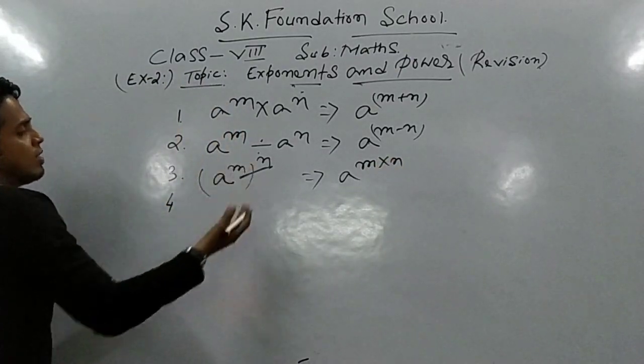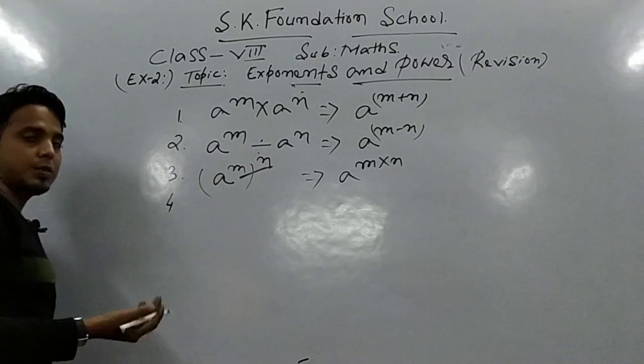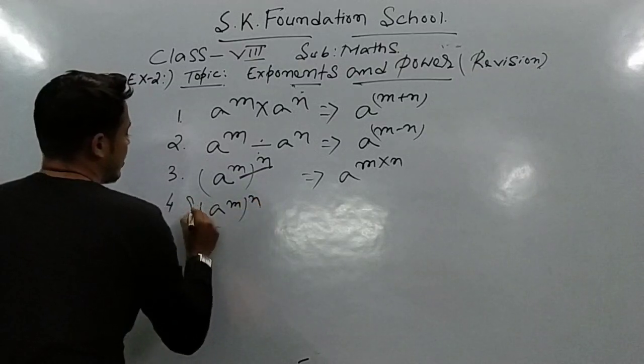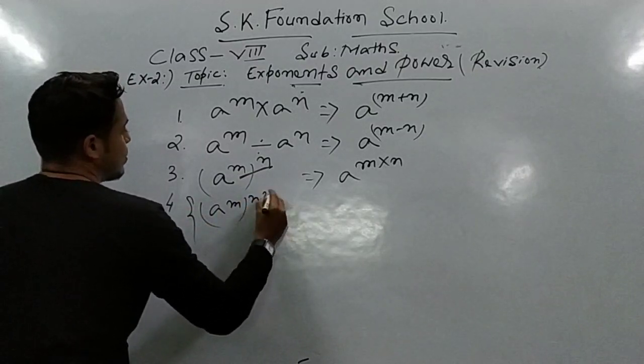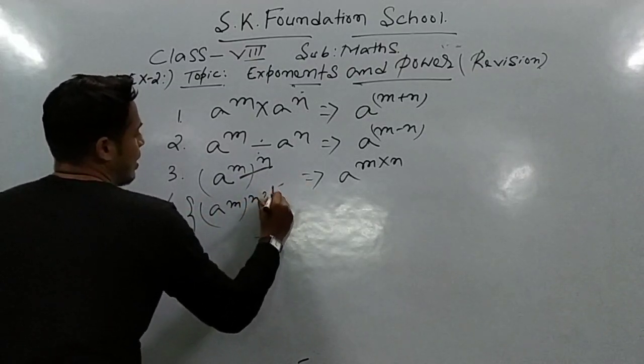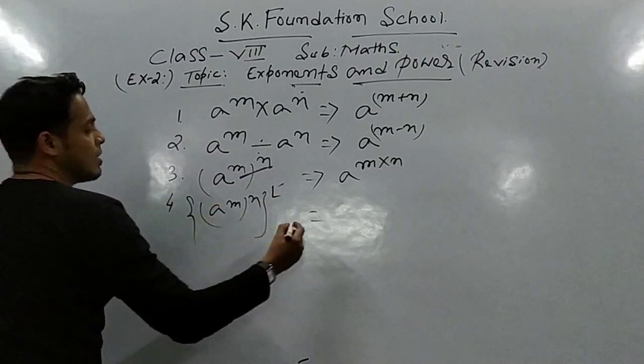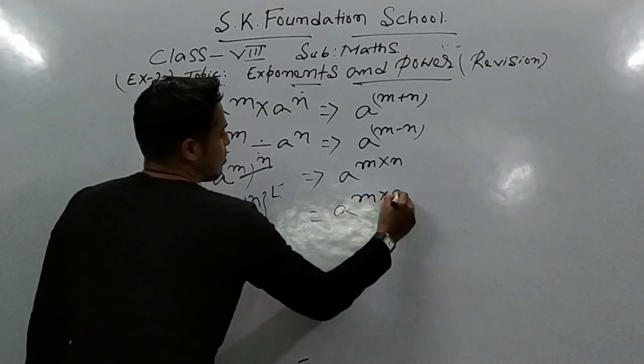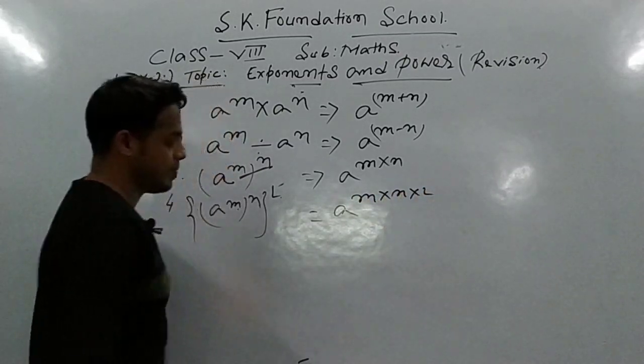If it contains more than 2 powers, the powers are also multiplied, like this, a to the power m, then n, and then suppose l. In this case also the powers are multiplied, m into n into l.